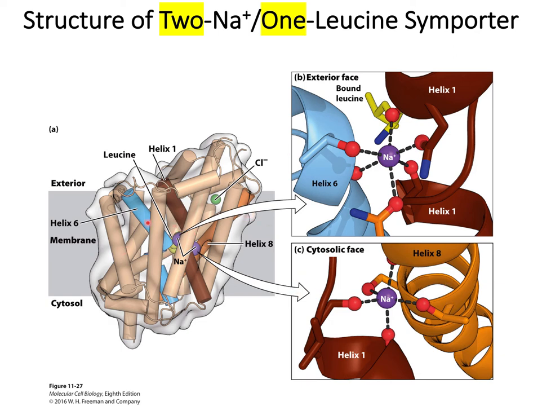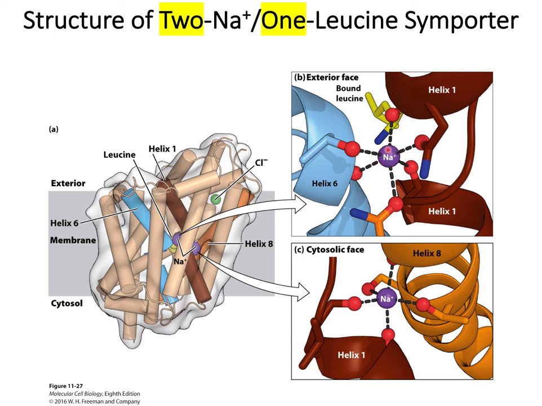Whereas what you see on the left, the helix 1 and 6 actually have a non-helical segment in the middle. So you have helix, no helix, then helix. You can see that there is a gap in between the continuation of the 2 helices for 1 and 6. On the right, you can see that the helix 1 and 6 is coordinating a sodium, and right here is the leucine, which is making an interaction with the sodium with its carboxyl end.